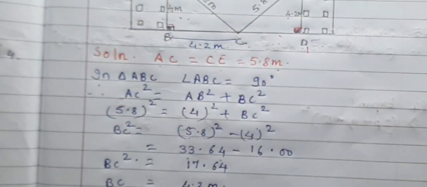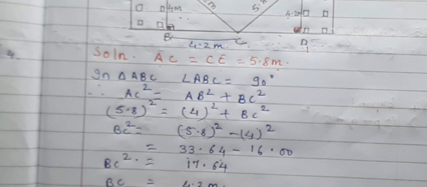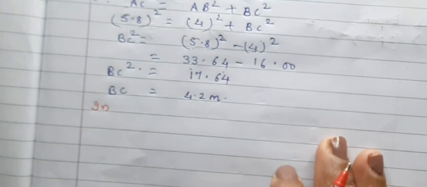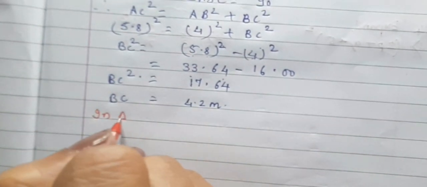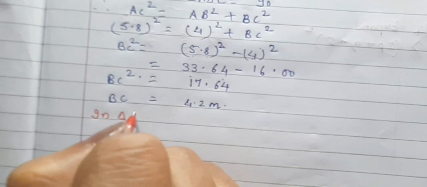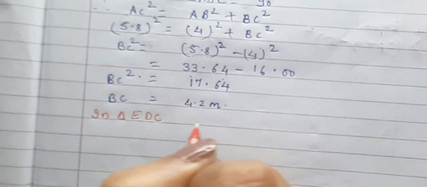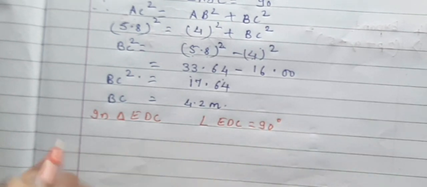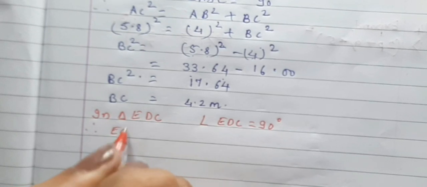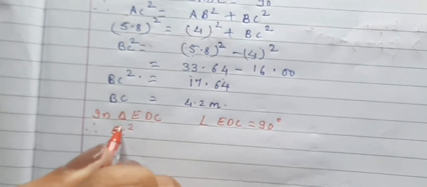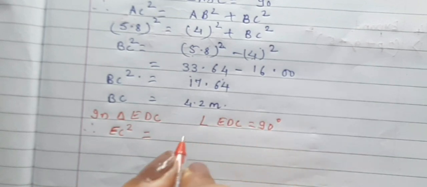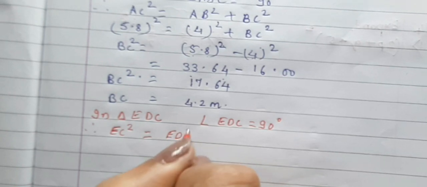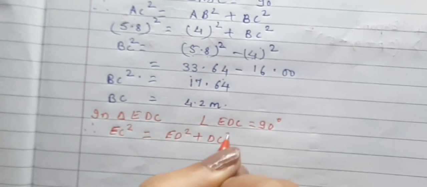Now we have to consider another triangle. Which is the other triangle over here? In triangle EDC, angle EDC is equal to 90 degrees. Therefore, EC square is equal to ED square plus DC square.